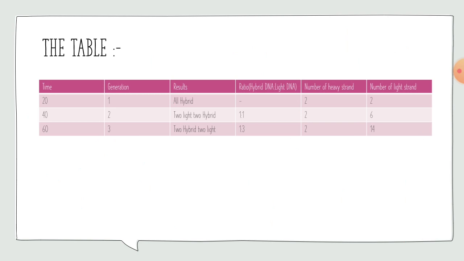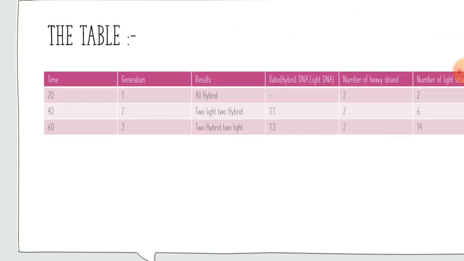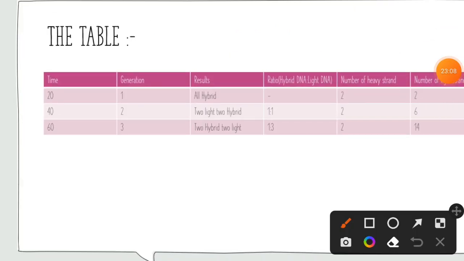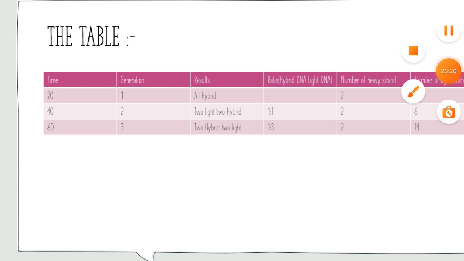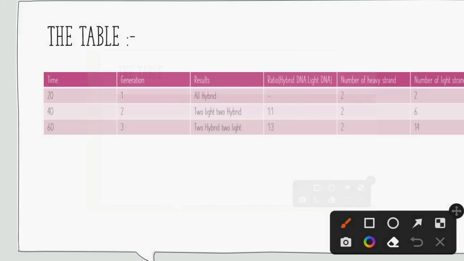And after 60 minutes, that is the end of the third generation, we will get 2 hybrid, 2 light, with the ratio of... here I think I have made a mistake. Let's try to resolve it.